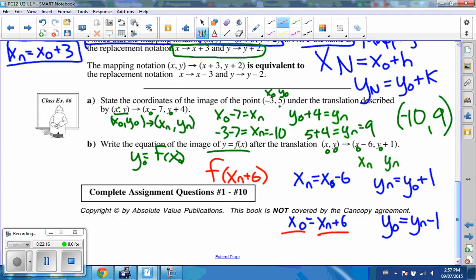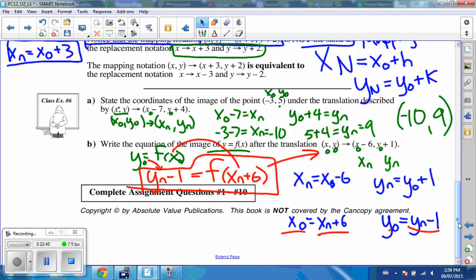Here we go. x old was replaced by x new plus 6, and y old gets replaced by y new minus 1. So y old got replaced by y new minus 1. So this is the equation that would cause that change to be mapped like that.